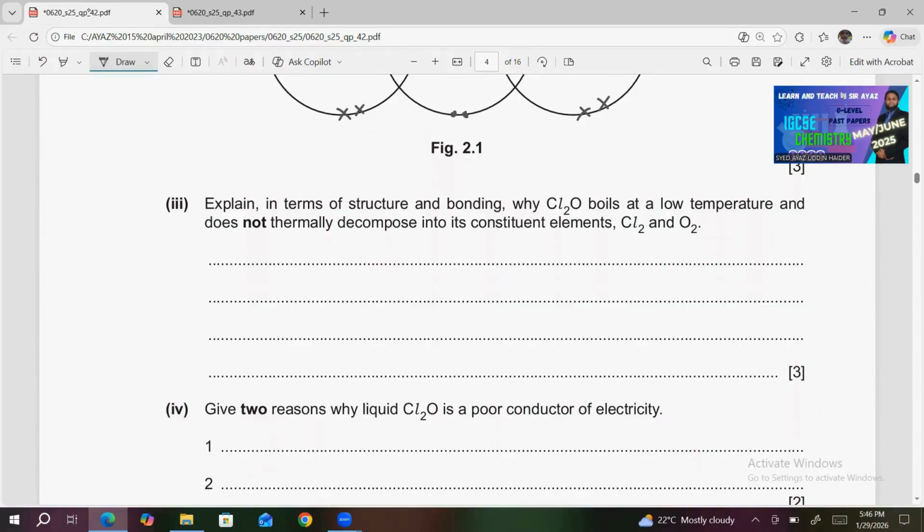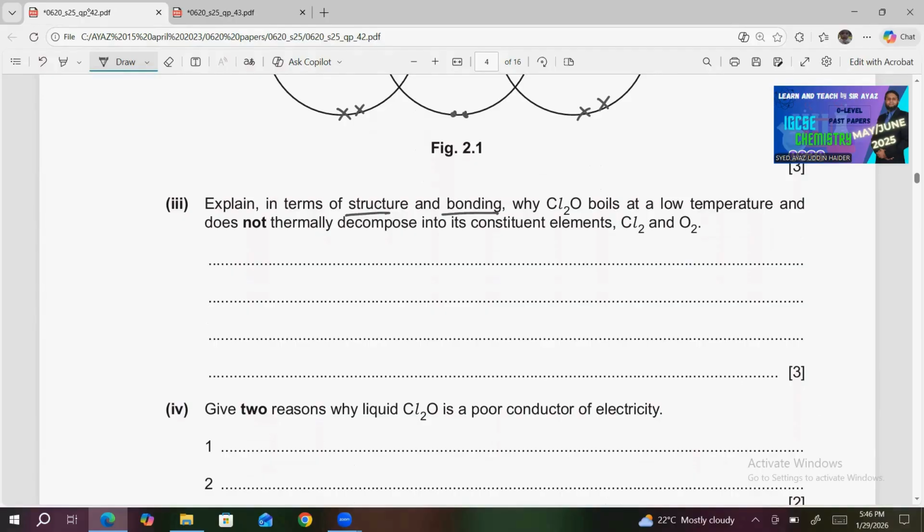3. Explain in terms of structure and bonding why Cl2O boils at a low temperature and does not thermally decompose into its constituent elements Cl2 and O2. So they are saying you have to explain this in terms of structure and bonding.